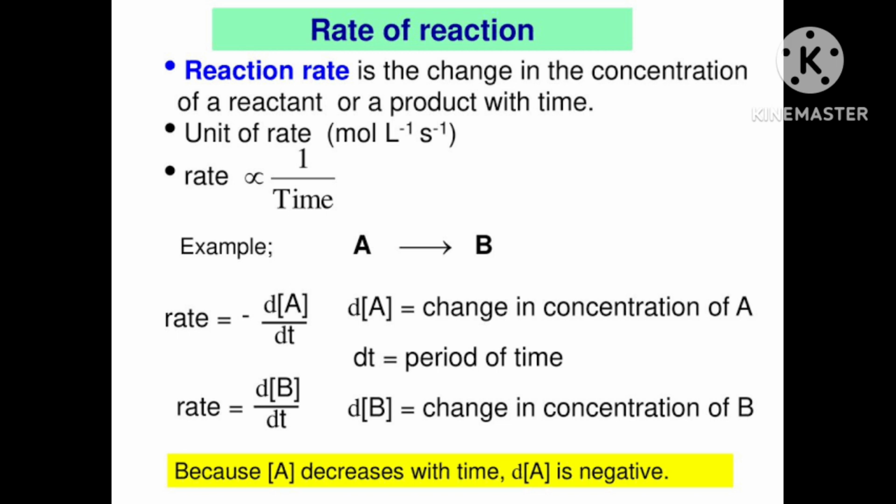If you want to know per mole, then you have to multiply by 2. But okay, they asked for the average rate, so you have calculated the average rate. Now you have calculated the rate of production.